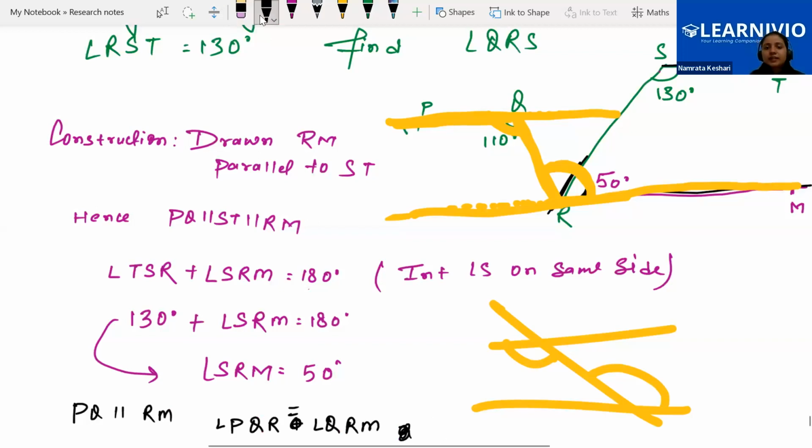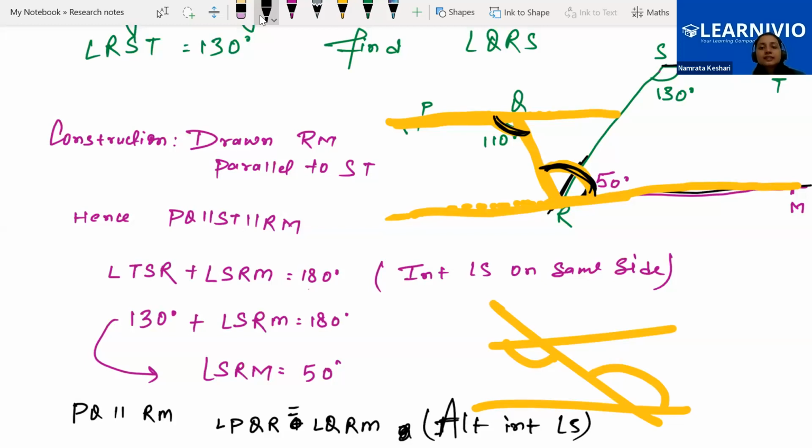These two are alternate interior, no? Yes, ma'am. Alternate interior angles, and these two are equal with each other. This angle and this angle, these two are alternate interior angles, and these two will be equal with each other.